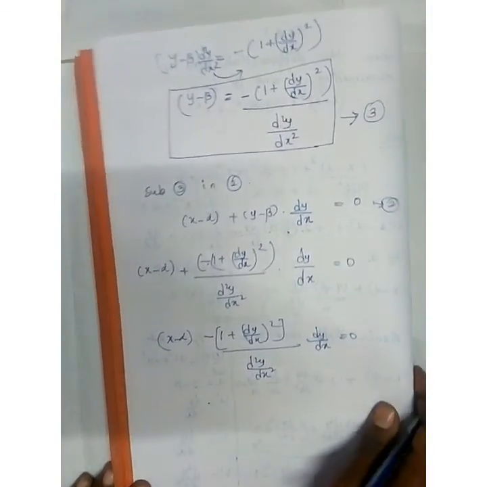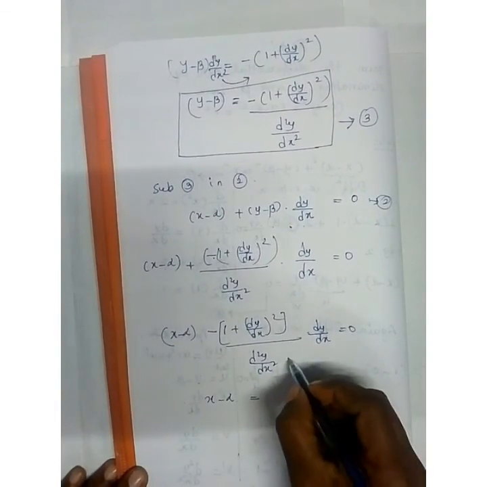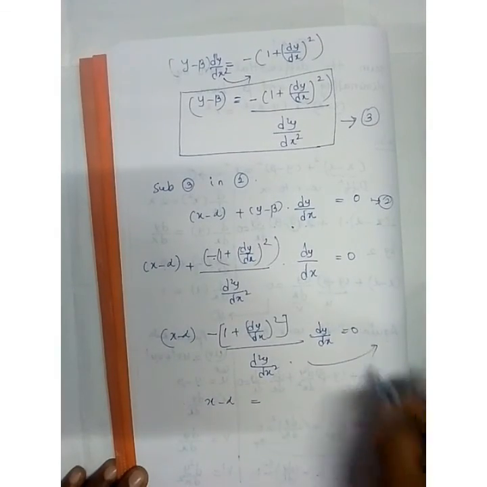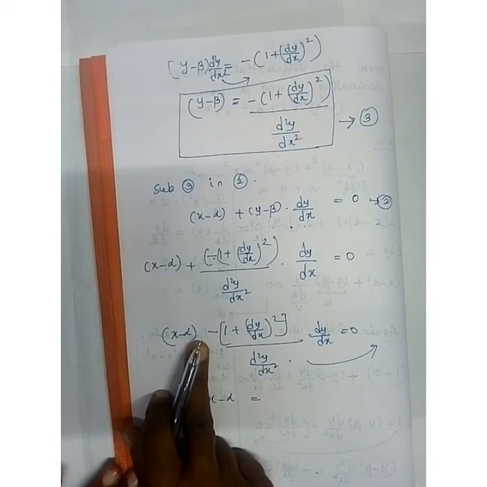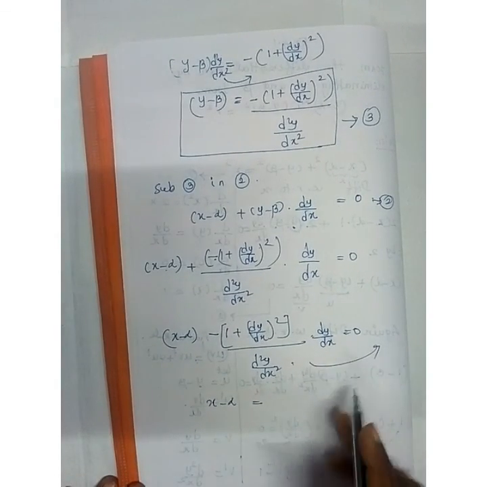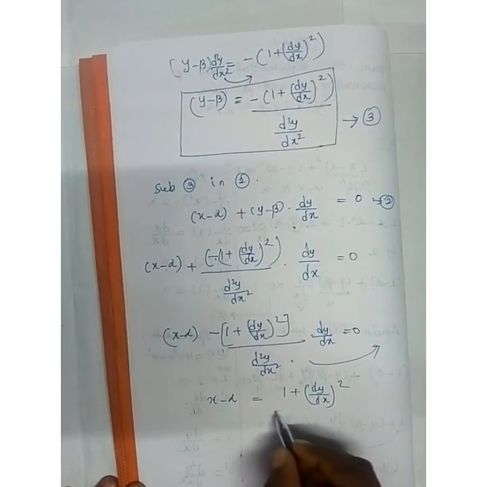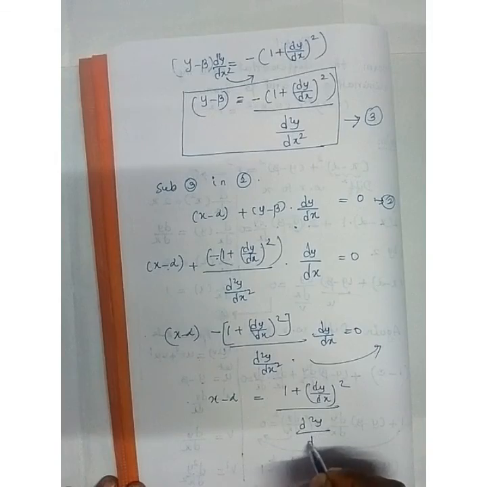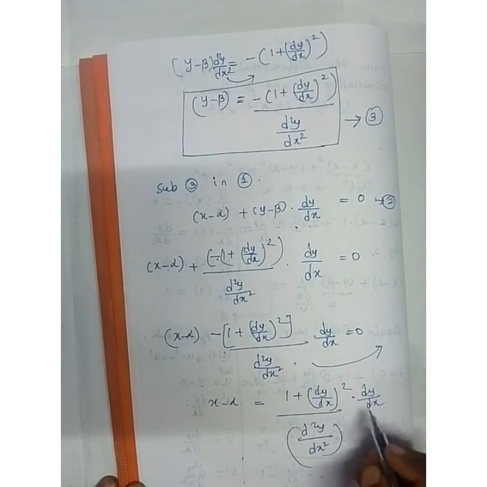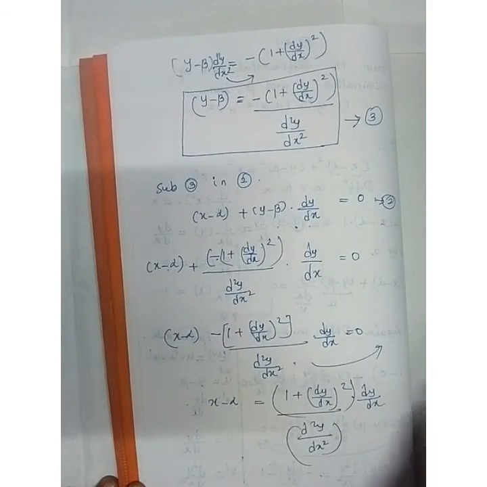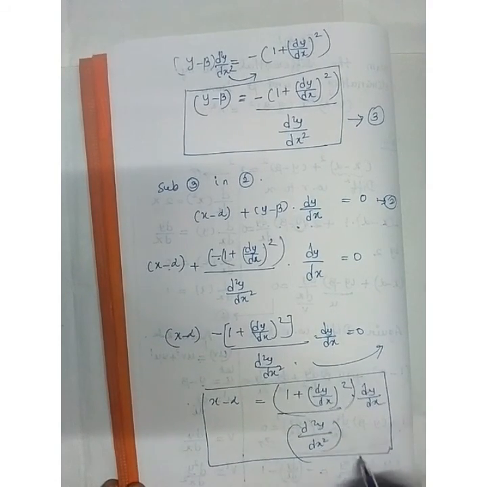From this I am going to find x minus alpha is equal to, when this full term goes to the right side, it will become positive. Why? Because on the left side it is negative. When it goes to the right side, it will become positive. So 1 plus (dy by dx) whole square divided by d²y by dx², and this dy by dx. This is our x minus alpha. Keep it as equation number 4.